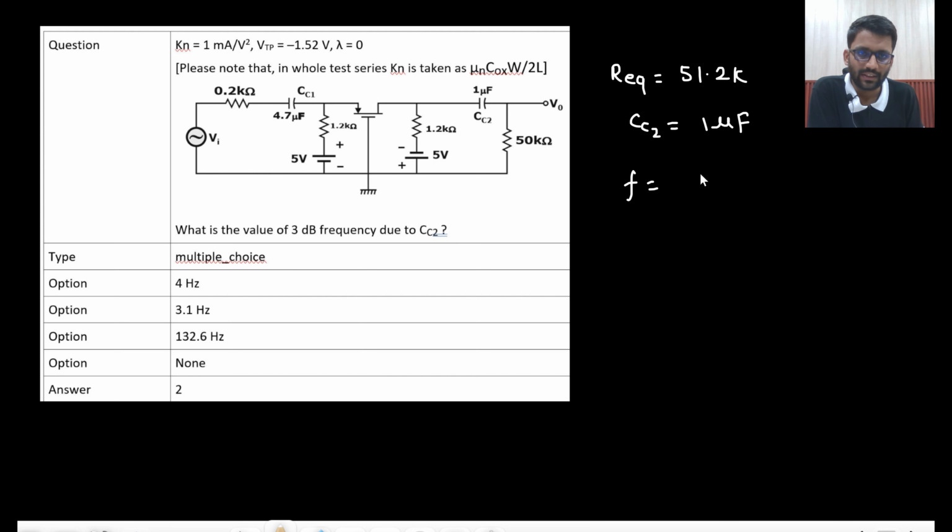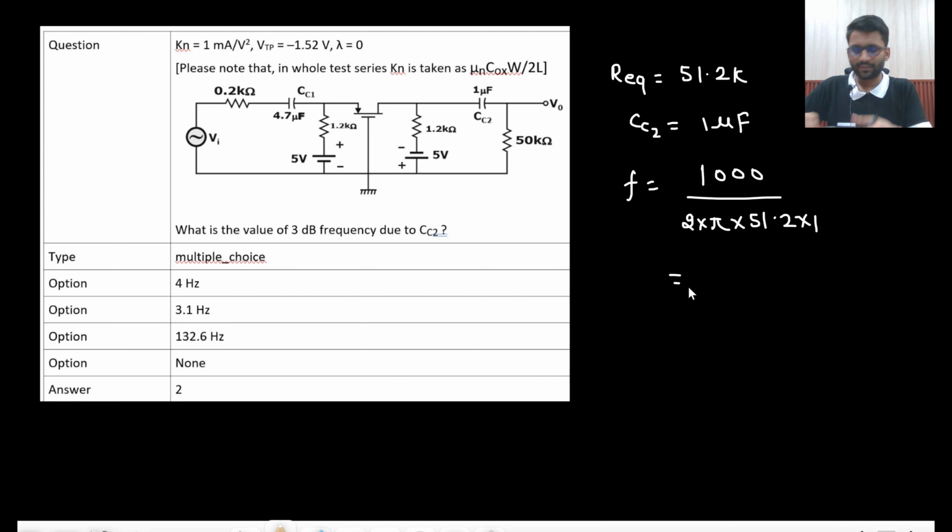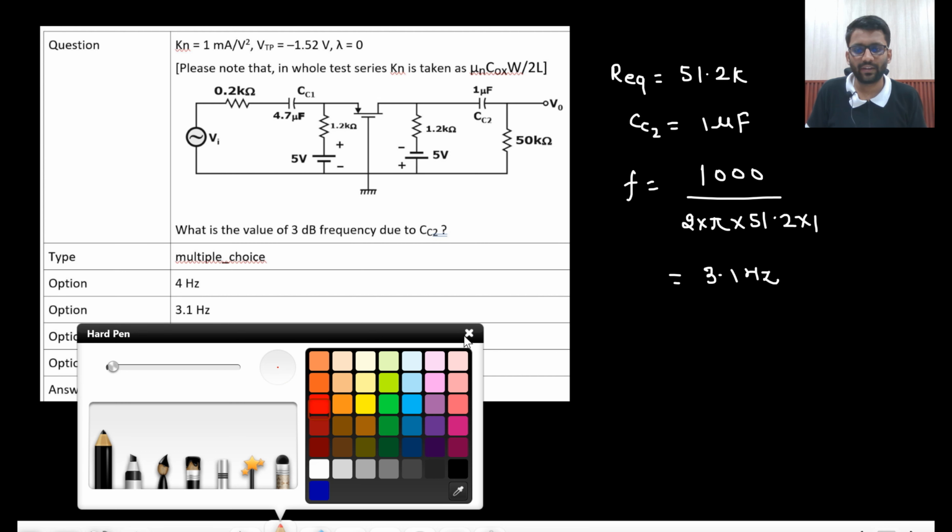So the frequency would be 1000, because 10 to the power minus 3 will come upward, into 2 pi into 51.2 into 1. Calculating, we get 3.1 hertz. So that is the answer. Very easy question, very straightforward.